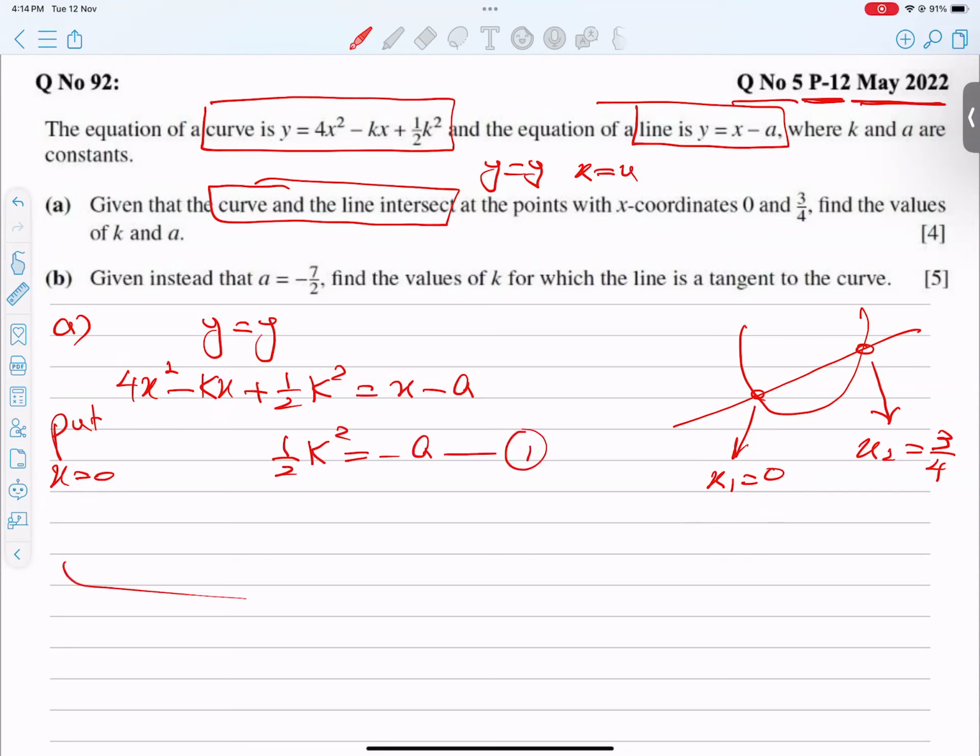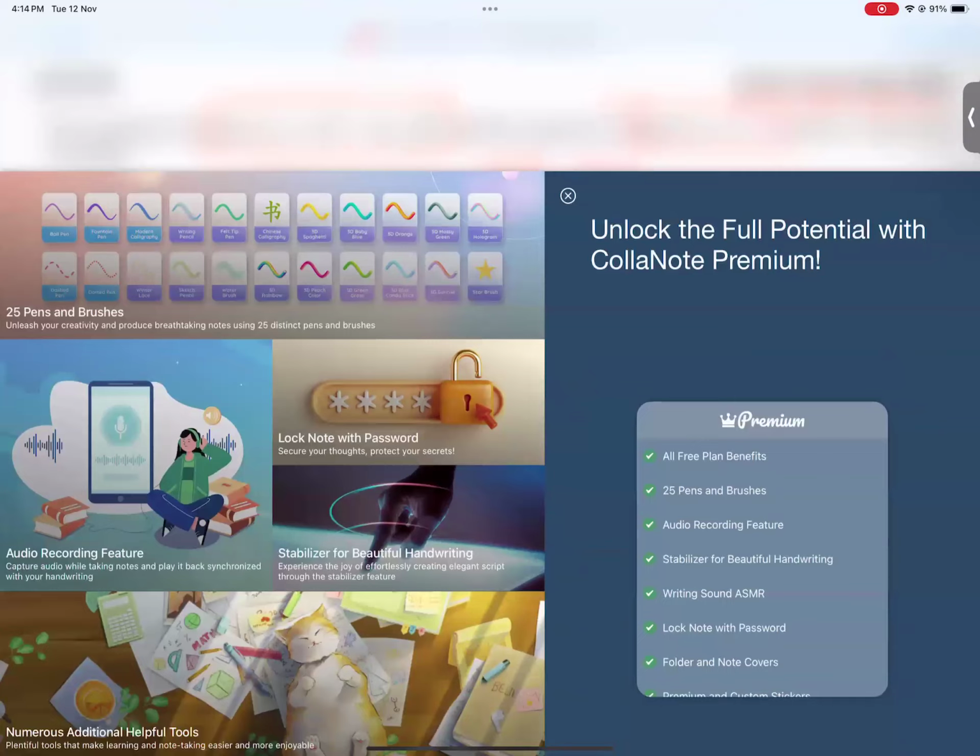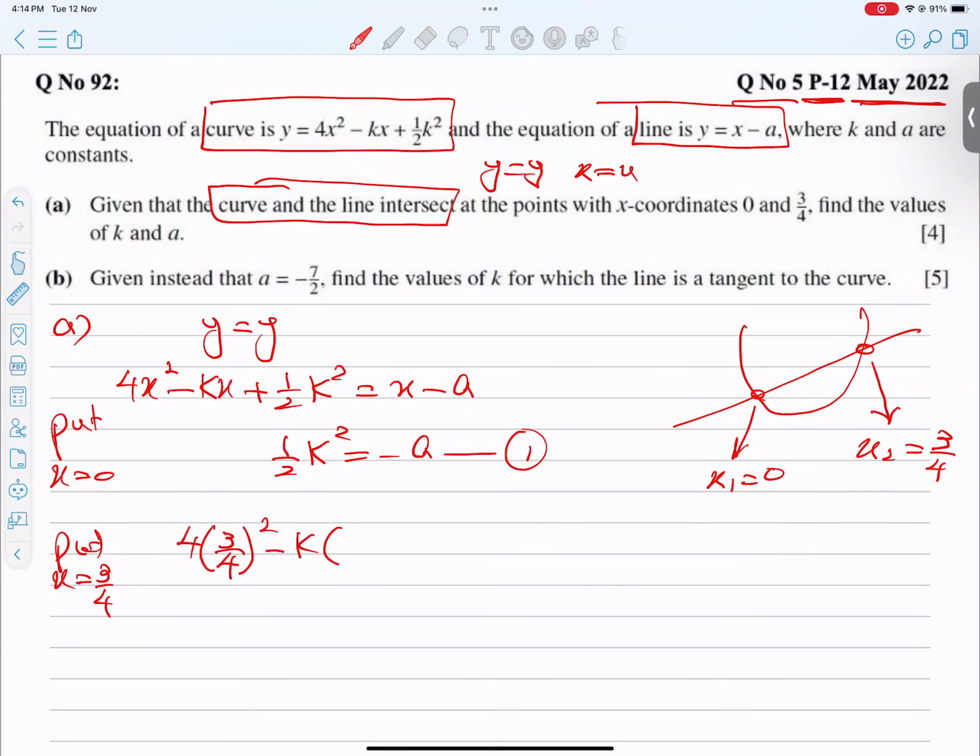Done. Now I'm using 3/4. So put x equal to 3/4. This goes here, for each x. So I'm writing 4 times 3/4 to power 2, and minus k times 3/4, plus half k square, equals 3/4 placed here, and minus a.